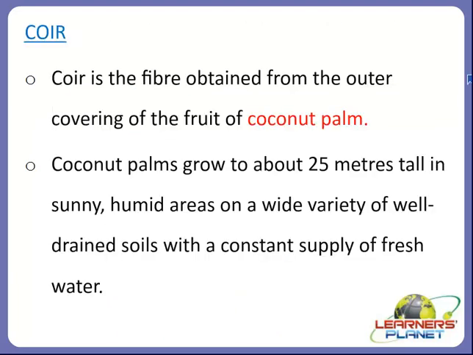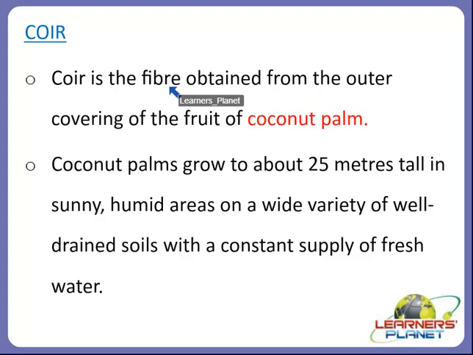Right? So now let us move on to the third plant fiber, named coir. So we discussed flax, popularly called linen, and we discussed hemp. Now let us discuss the third useful plant fiber, which is coir.